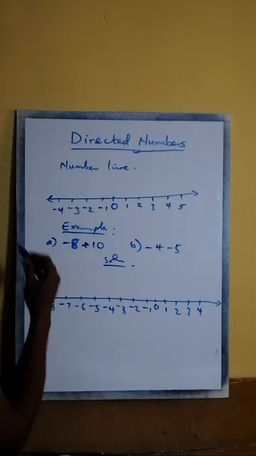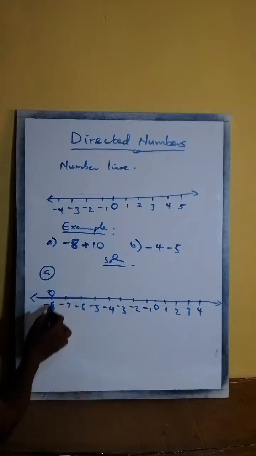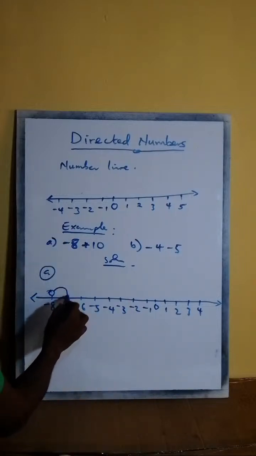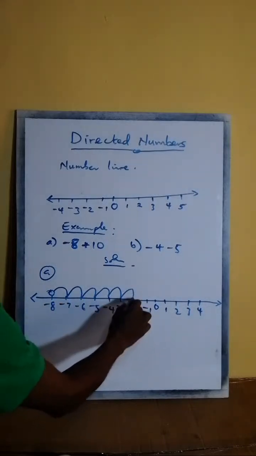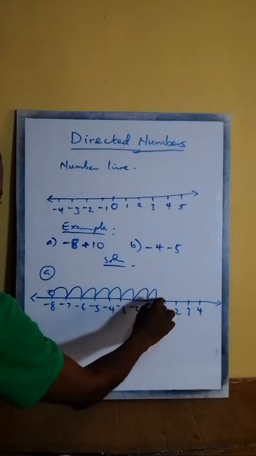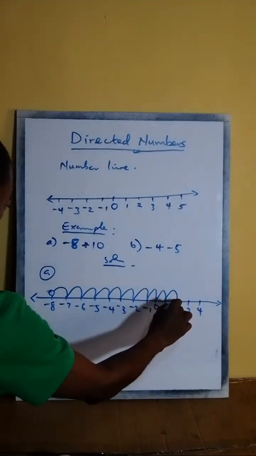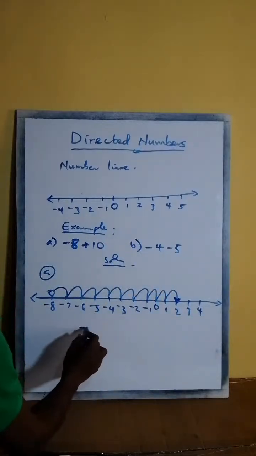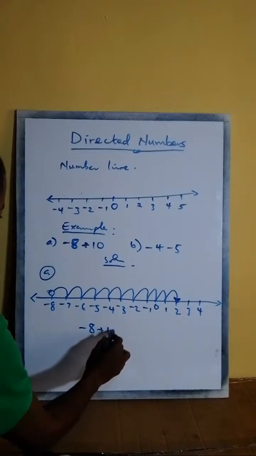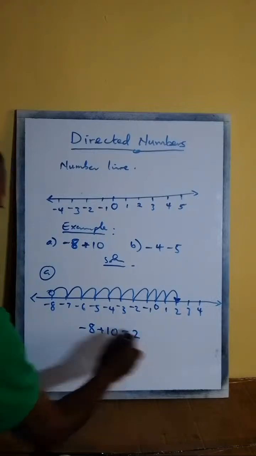So when we shift 10 times to the right from -8, we have 1, 2, 3, 4, 5, 6, 7, 8, 9, 10. So this is where we stop, and therefore the result of this is 2. So -8 plus 10 is equal to 2.